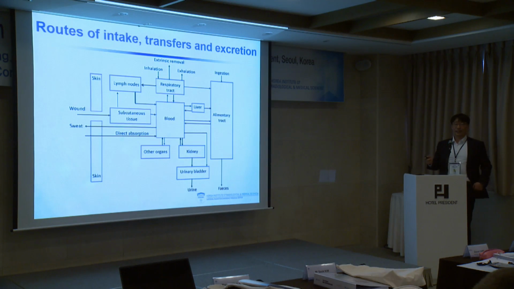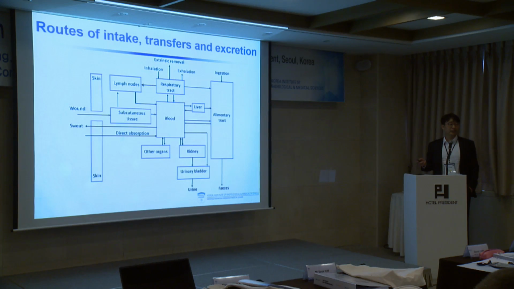The routes of the intake include the inhalation of air containing the radionuclides. This is one of the main routes of the intake. The other route of intake is ingestion of foodstuff or drinking water containing the radionuclides after some unintended accidents.